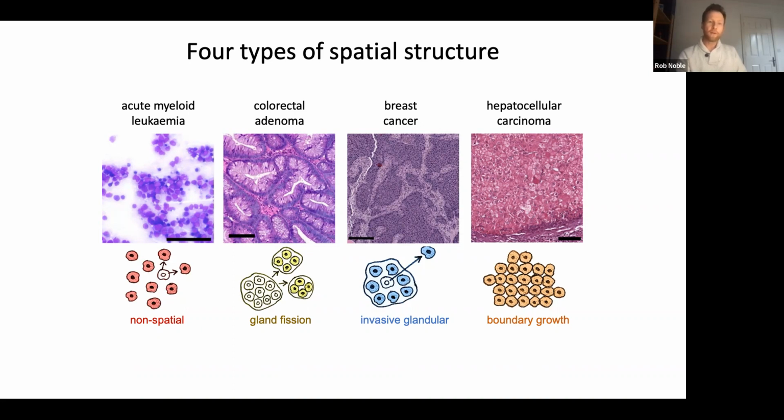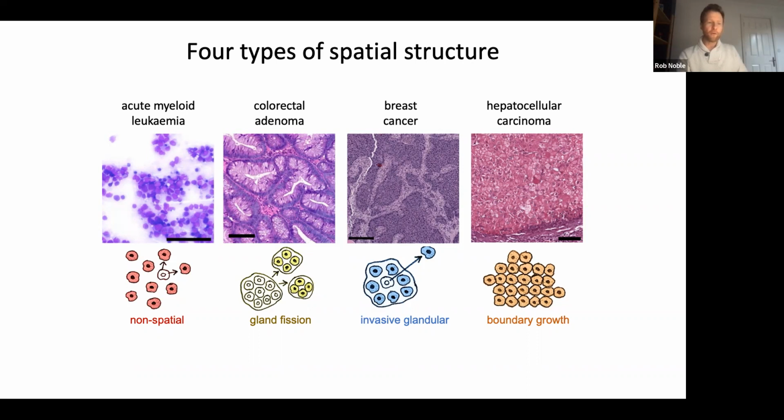The third case is solid invasive tumors, such as the slide here, which shows breast cancer. Strangely, even though this is a dominant structure, that we see this glandular structure with cells spreading by invading neighboring tissue, there haven't been previous mathematical models that explicitly try to recapitulate that way of cells proliferating.